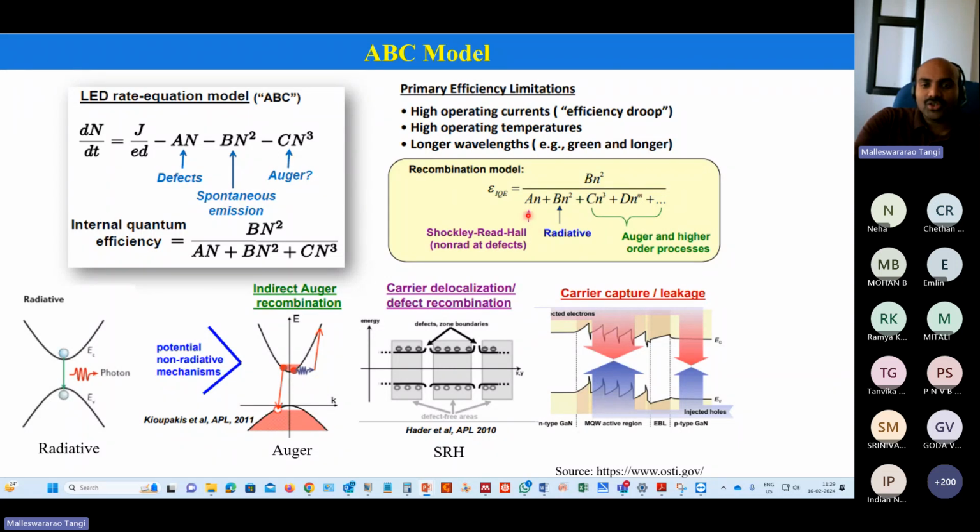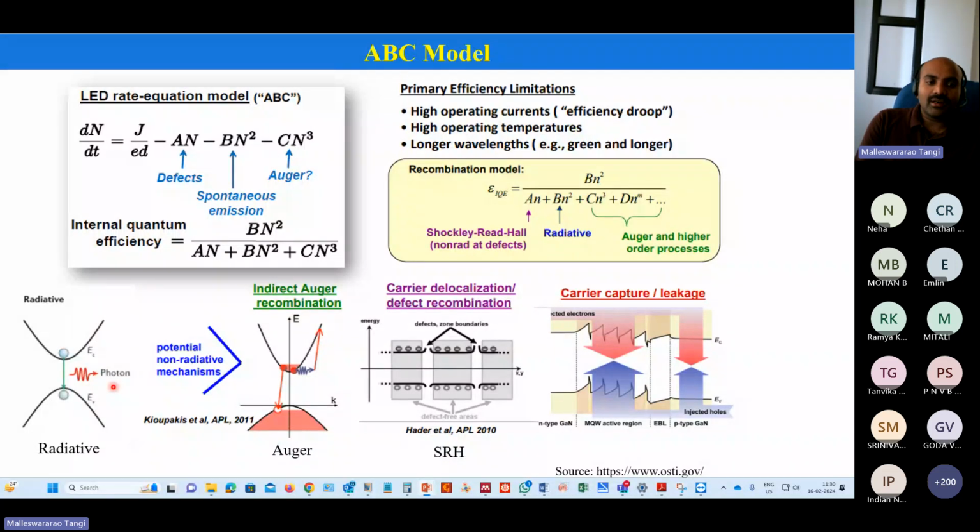A is the Shockley-Read-Hall coefficient, B is the radiative coefficient, and C is the Auger coefficient. In the radiative mechanism, when the carriers recombine from edge to edge, band to band, they recombine radiatively and give only photons. That is good for optoelectronic devices.